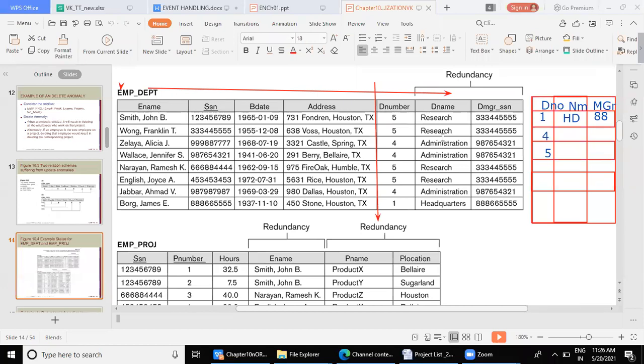Or in another way, we also know who all work in the research department. If I ask you which employees work in the research department, what will be your answer? Smith, Wong, Narayan, and English, Joyce.